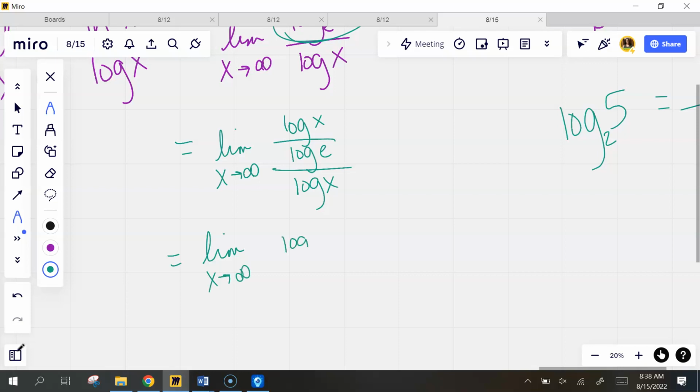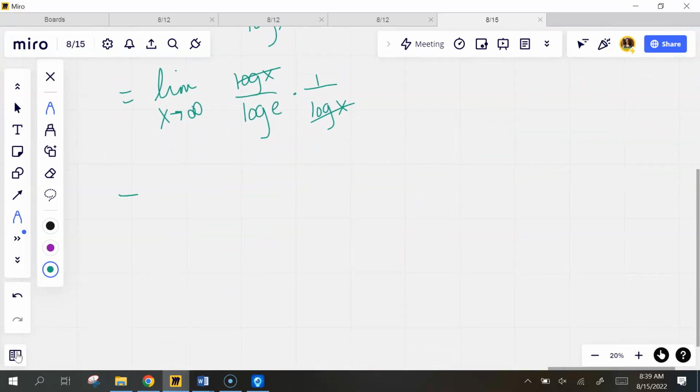Because I have log x over log e times 1 over log x. Well, all of a sudden, what do you notice has happened?